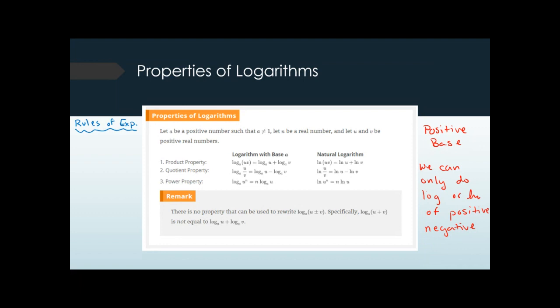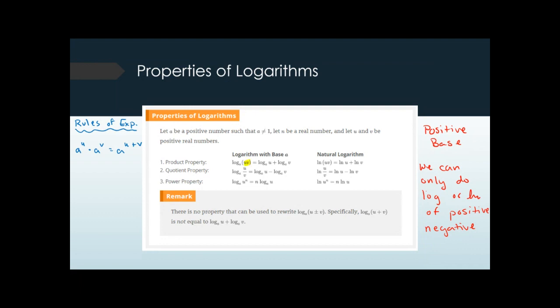So the product property of exponents would be a to the u times a to the v is a to the u plus v. So there is that rule of exponents where if you're multiplying, you add the exponents. So this matches with our product property of logarithms.